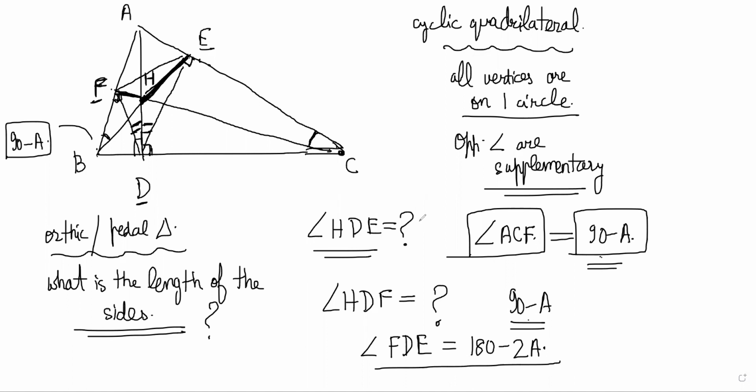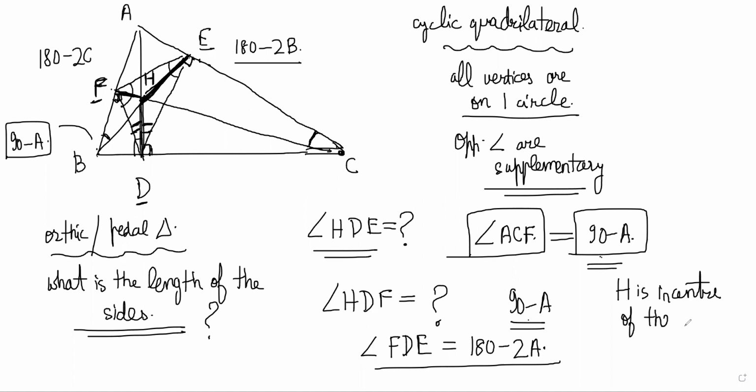It means that this HD line is actually the angle bisector in the triangle FDE, and similarly this line HF is also an angle bisector because this angle would be 180 minus 2C, and this angle would be 180 minus 2B, by the same logic. So H will be the incenter of the orthic triangle. H, which is the orthocenter of triangle ABC, is the incenter of triangle DEF, which is a nice result.